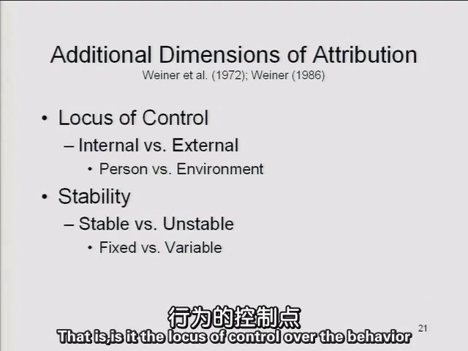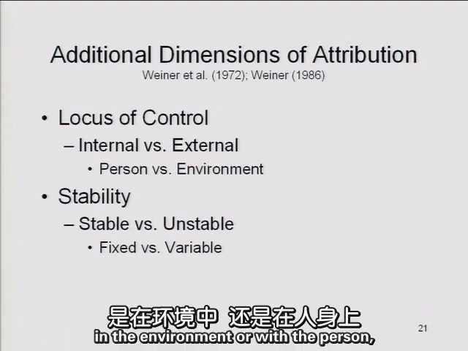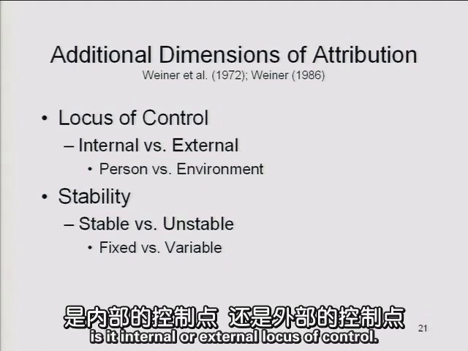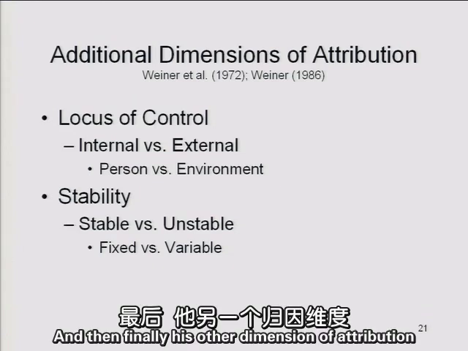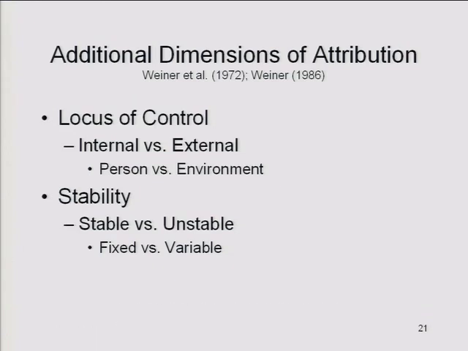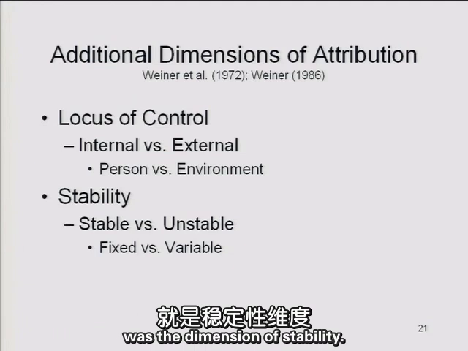That is, the locus of control over the behavior: is it in the environment or with the person? Is it internal or external locus of control? And then finally, his other dimension of attribution was the dimension of stability.